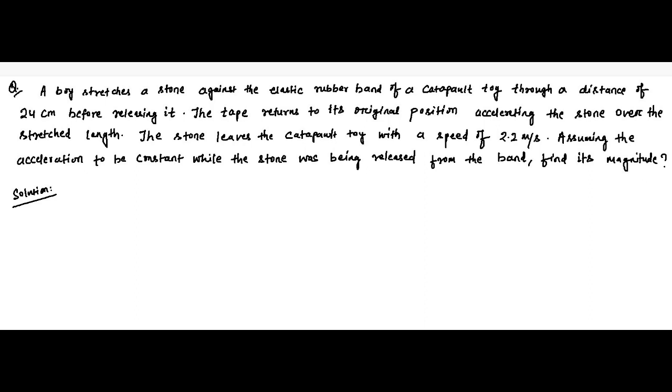First, here it is given that we have a catapult toy. It has a rubber band attached to it, like this, and it is used to stretch a stone. So this is the toy, this is the arrangement.